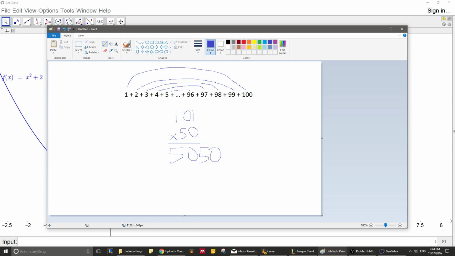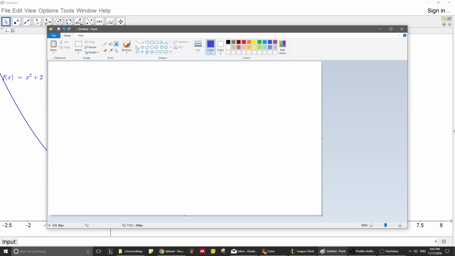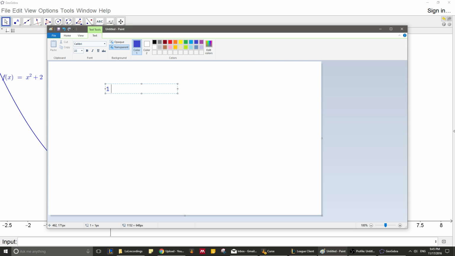And so how does this relate to what we're doing? Well, we could further this to say, well, what if we were going all the way up to n?